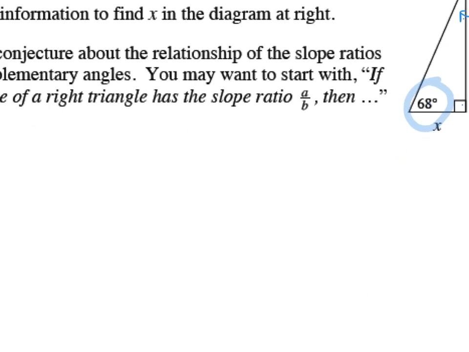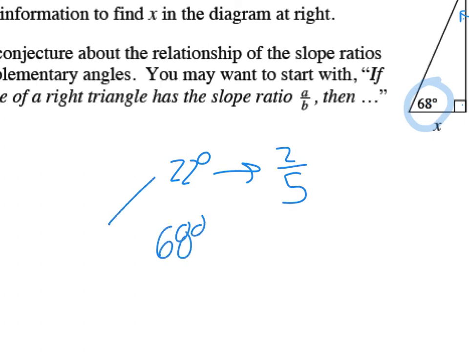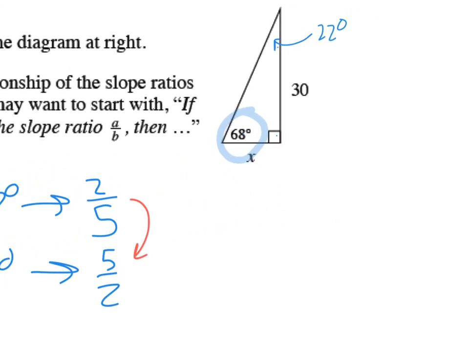So I know that the slope ratio for a 22-degree angle is 2/5. 68 degrees is complementary with that. Those add up to 90. So per the last problem, I know that the slope ratio of a 68-degree angle would be 5/2, or the reciprocal of its complement. So with that being said, I can determine this measurement x right here.